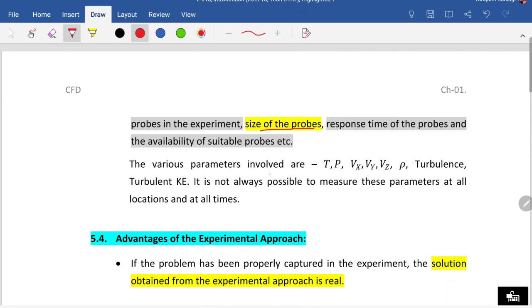Then there are various parameters involved, like turbulent kinetic energy, density, velocities. It's not always easy to study them. If at a particular location I want a temperature, I want a pressure, the probe cannot be put there, or the velocity meters cannot be put there. So this is the problem.